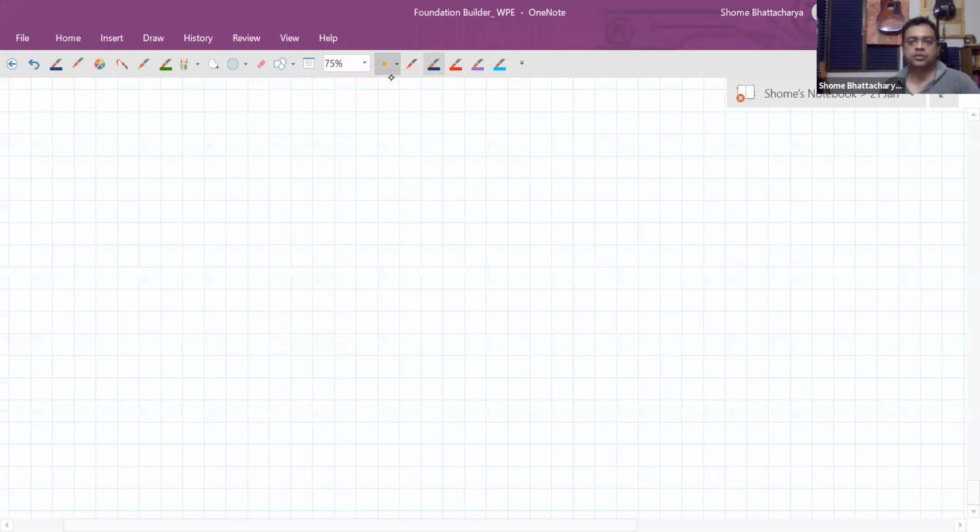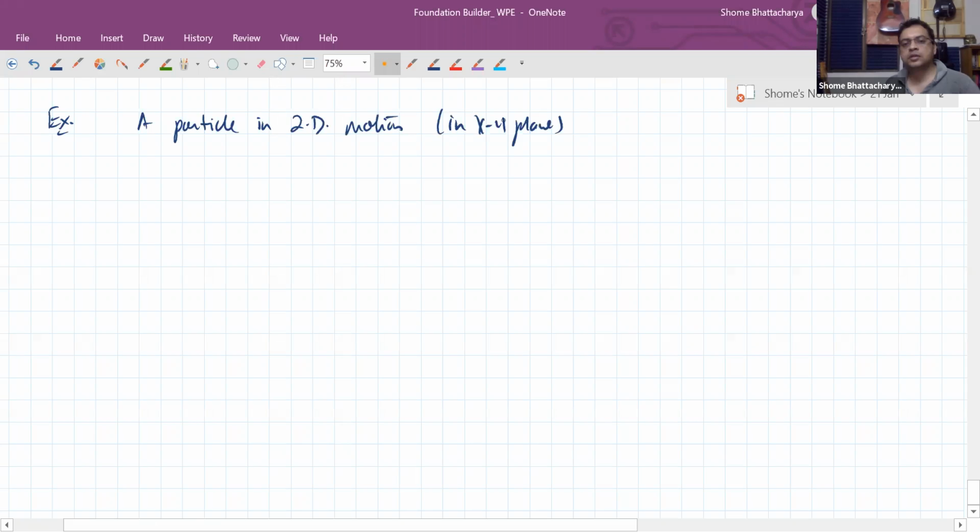Now, before we come into conservative and non-conservative forces, we'll look at another example of this. This time, let's say we have the same situation, a particle in a 2D plane, in the XY plane, and a variable force.